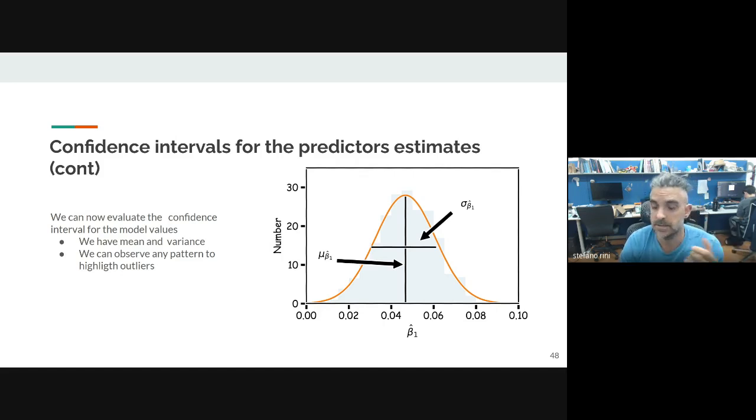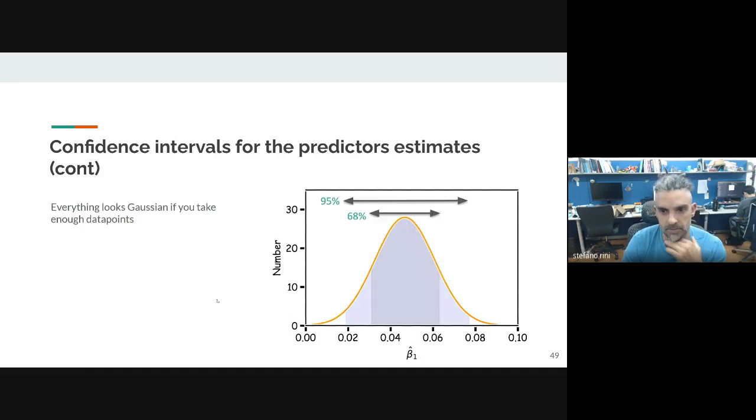If the variance is very large, then you cannot rely too much on this parameter, so maybe you should drop it. And if you have a variance which is very small, then you know that there is a very clear relationship between this input and this output, and then you can reason more and more about the statistical value of including or excluding parameters from the model.